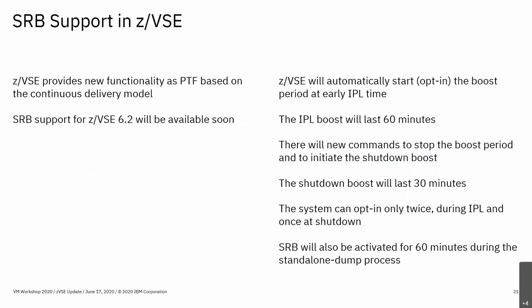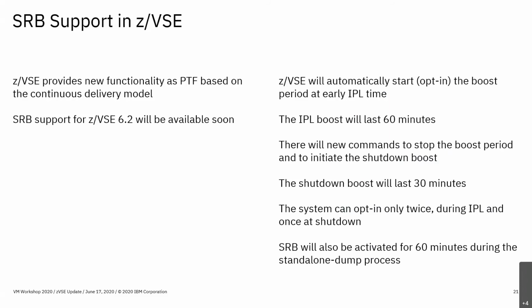We are currently working on System Recovery Boost support for VSE 6.2. On the right side, there is a short overview of what this support will look like. Basically, the system can opt in only twice during IPL and once in shutdown. With the start, the processors will be boosted to full capacity for a limited time, up to 60 minutes during startup and up to 30 minutes during system shutdown. The VSE system will automatically enable the speed boost during IPL and during standalone dump processing.